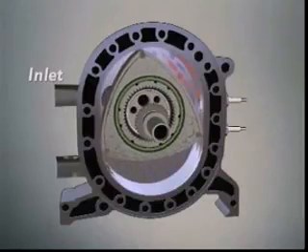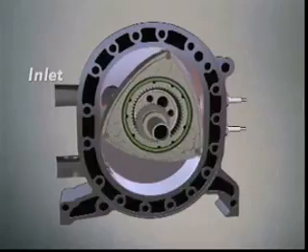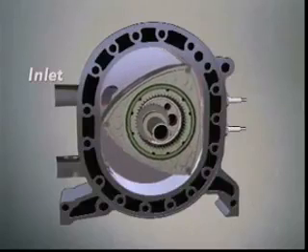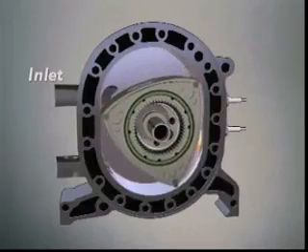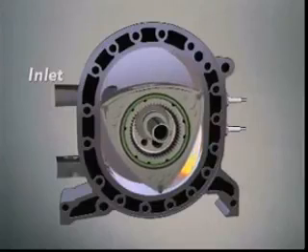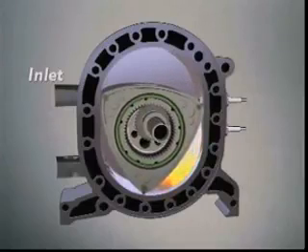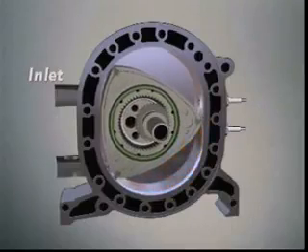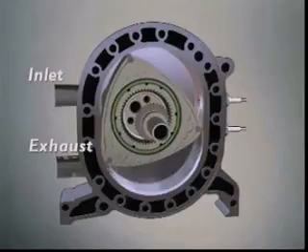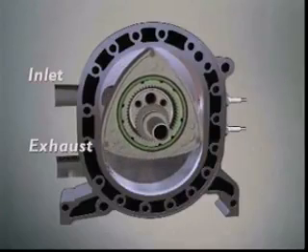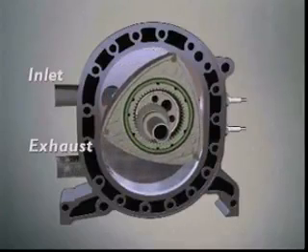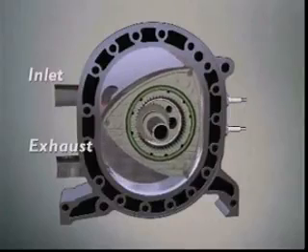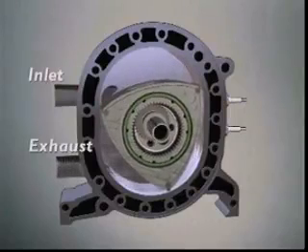Along the way, the volume of the working chamber decreases and compresses the mixture. The mixture is ignited and combustion occurs. Expanding gases produce a power pulse driving the rotor onward. When the exhaust port is uncovered, exhaust occurs as the rotor sweeps burned gases out of the housing, which brings it all back to the beginning, ready to run a new cycle.